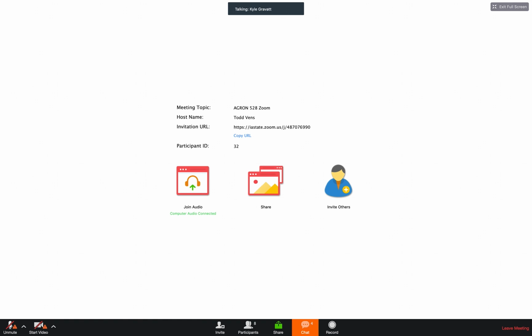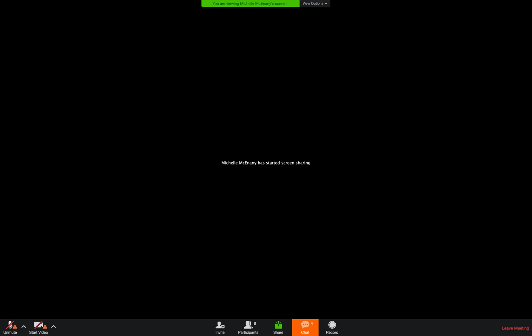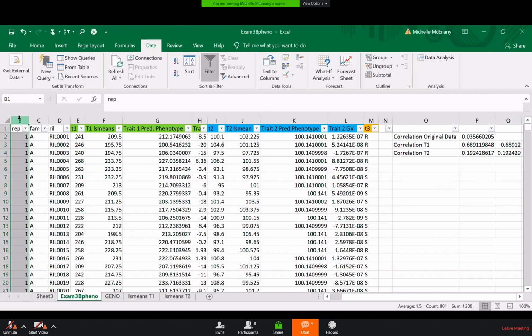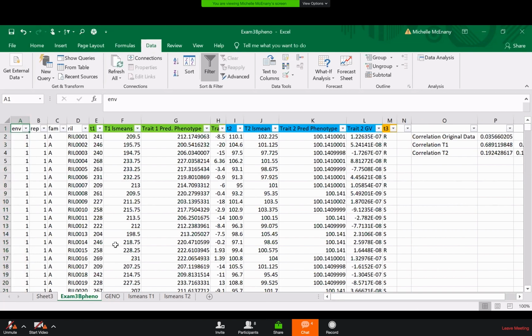So you open the original file that we started with that only had the 200 lines, right? Okay. You're talking the LS means one? No, I'm talking the GEBV versus average pheno. The average pheno one originally had 800 because there were 2 environments, 2 reps each. Okay. Sorry, 200 different lines.